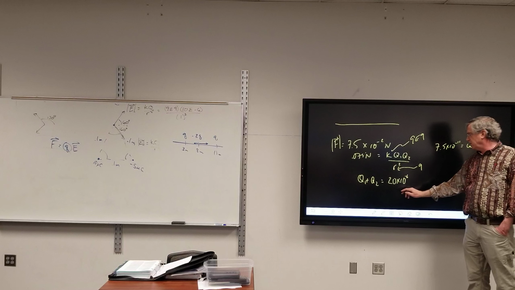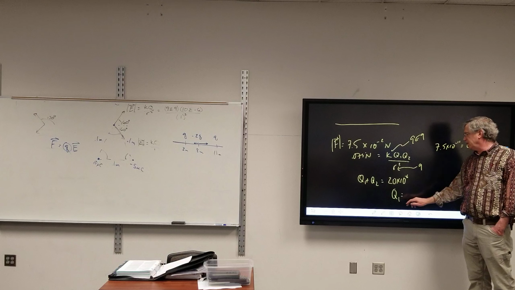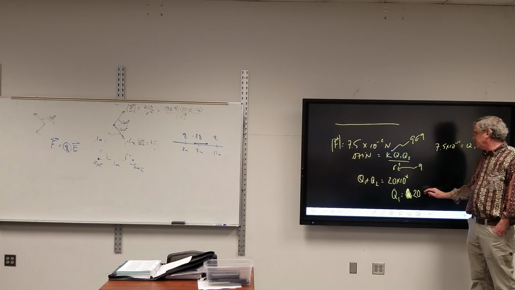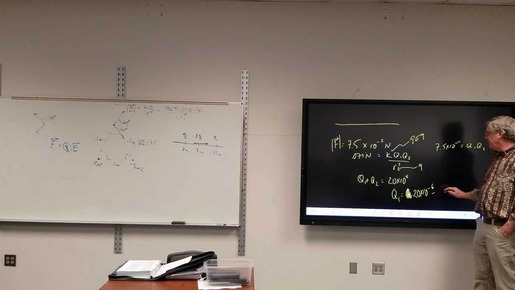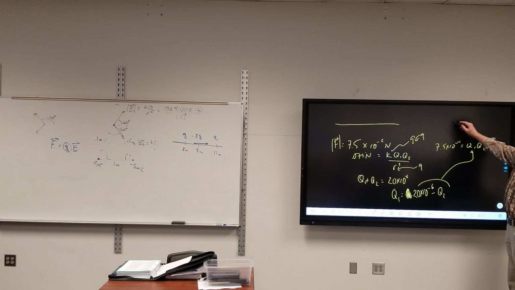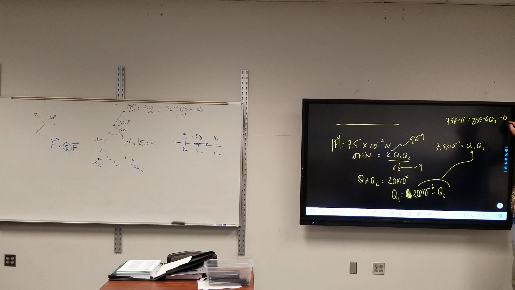From here, I know that Q1 is equal to 20 times 10 to the negative 6th minus Q2, and I plug that in for Q1. So I end up with 7.5 times 10 to the negative 11th equal to Q2 times that, which is 20 times 10 to the negative 6th Q2 minus Q2 squared.